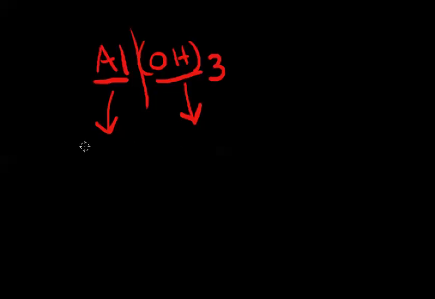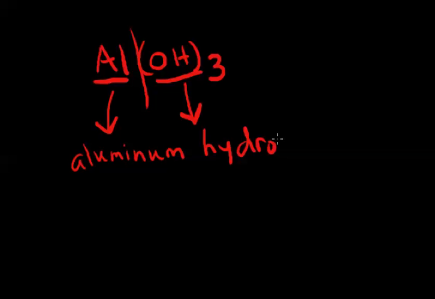That'll give us the name of our compound. So Al, by now you should know that that is just aluminum. And then what's OH? Find OH on your ion sheet. And OH is called hydroxide. So this is aluminum hydroxide. We're done.